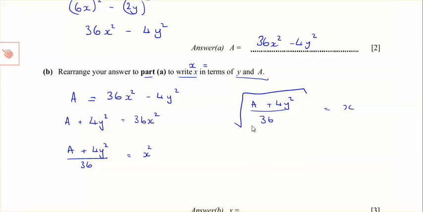Now, yes, I could, using my rules, my knowledge of surds, go, it's the square root of a plus 4y squared over, what? 6. Fine. I could even go a little bit further and say, well, what?